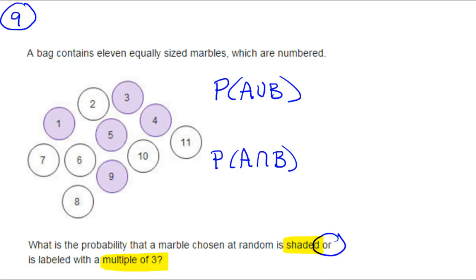So the real question is, which one of these symbols represents the word or? Is it the top one or the bottom one? Hopefully you remembered from earlier in the video, the union symbol here is the same as or. The intersection symbol is the same as and.